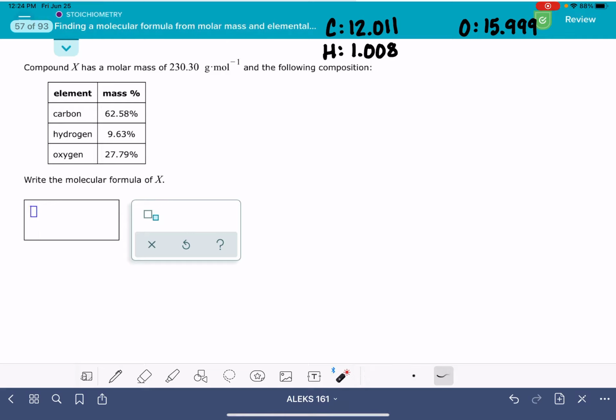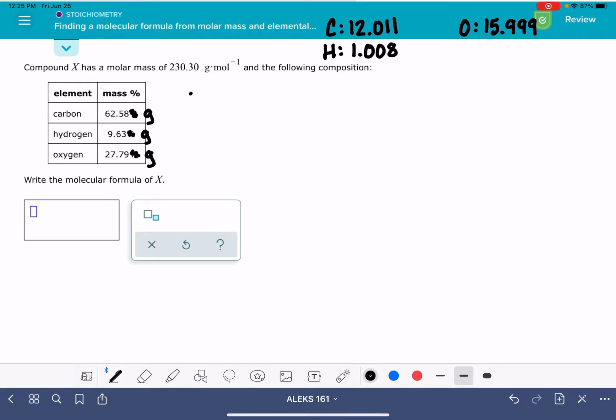Now, what we're going to do with this problem, we're going to start by determining the empirical formula. That's always going to be the first step here. Even though it's asking us for the molecular formula, we can't jump straight to the molecular formula. So the first thing that we're going to do is take these percents and think about them as grams instead of as percentages. That's going to be kind of a shortcut with our calculation.